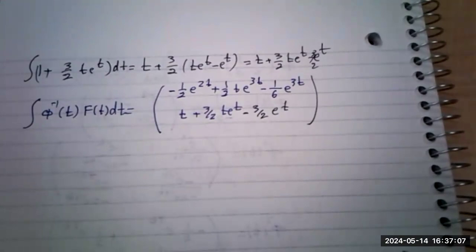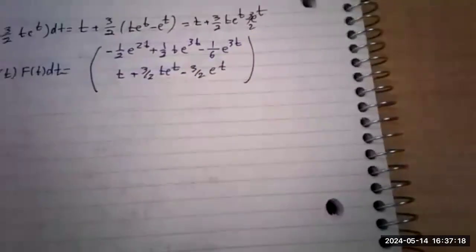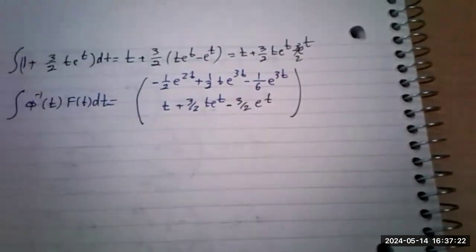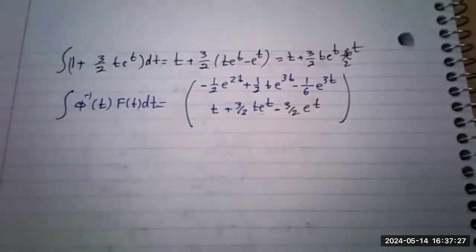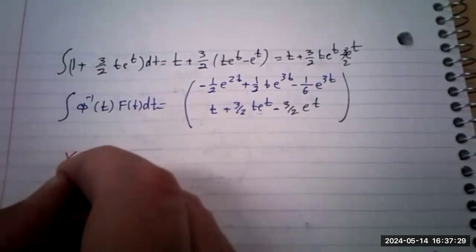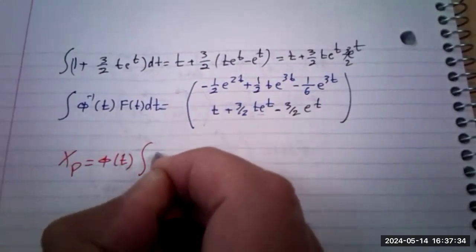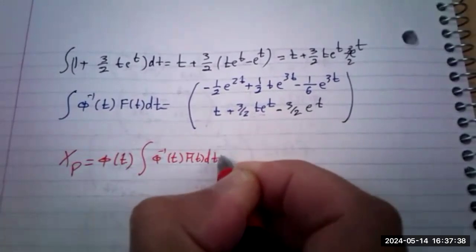You have to multiply by phi of t. Where did that whole row on the top come from? Integral of the second part. You see that was a two-row. First row, second row was easy. I did it right away. Any question? But you know that you have to multiply by phi of t to get x_p. See, x_p was phi of t times the integral of phi inverse of t, f of t, dt.